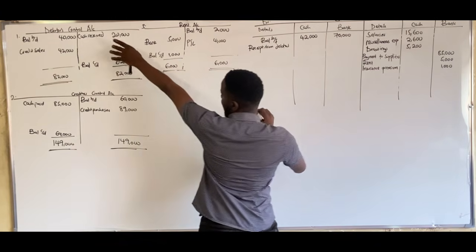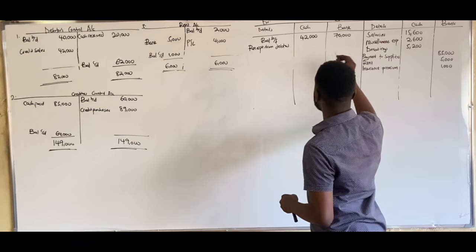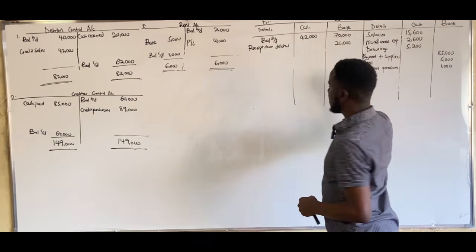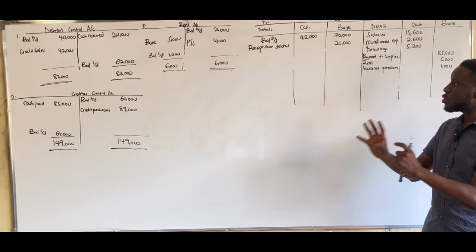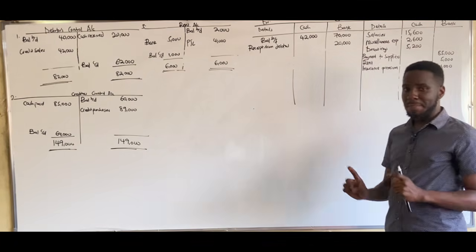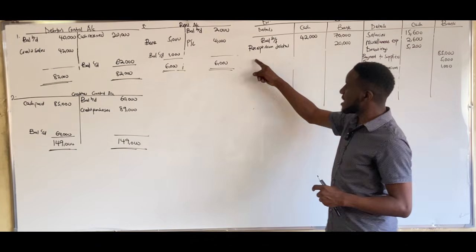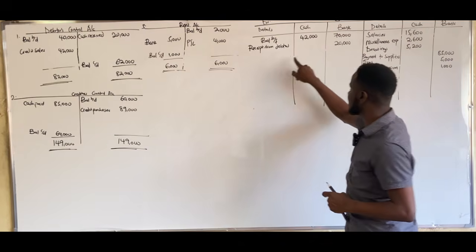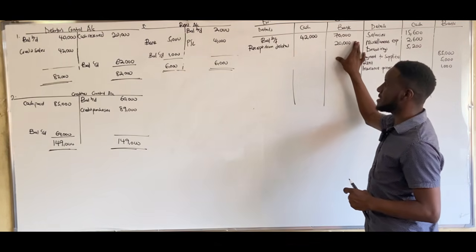Remember, we recognized it here as 20 millions. So we come and put it here as 20 millions to the bank. Because when the question was starting, they told us that those who buy on credit pay by check. Now, if those who buy on credit pay by check, it means this money here, receipt from debtors, has to come as checks. That means our bank account is increasing.